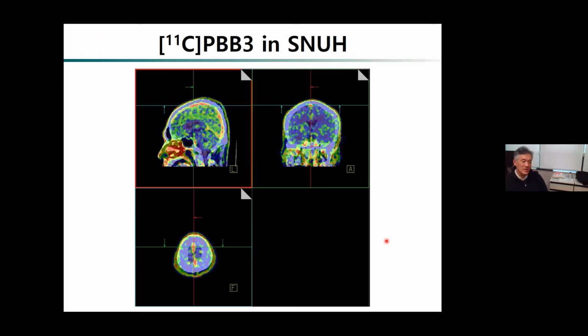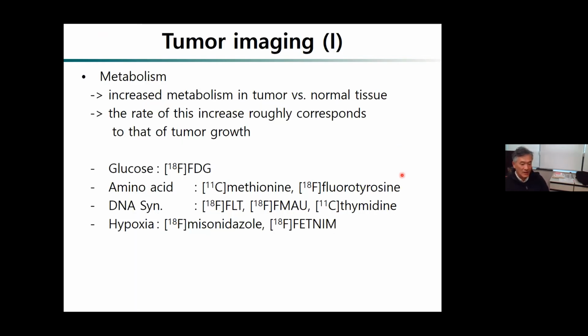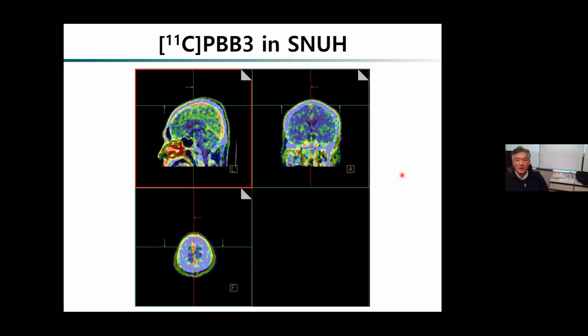And also we set up this compound in our hospital, and this is a normal imaging of the brain. After that, the C11 version of PBB3, several radiochemists want to develop the F18 version of the tau imaging agent.